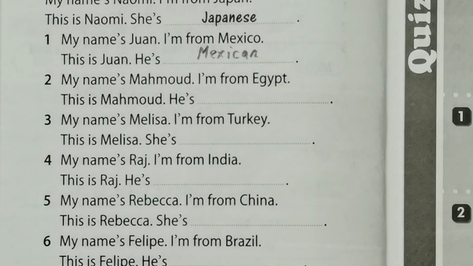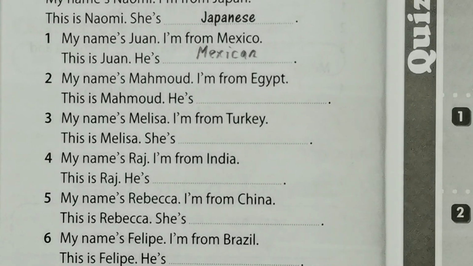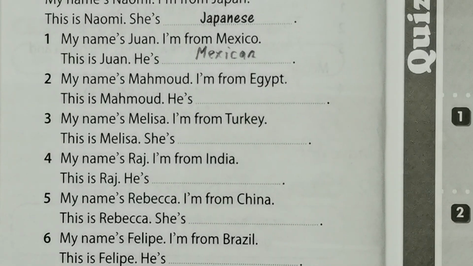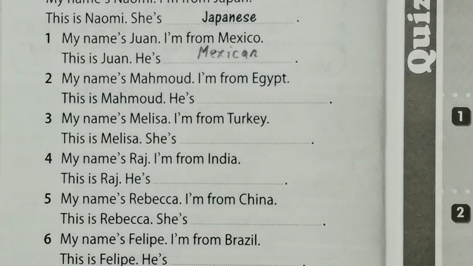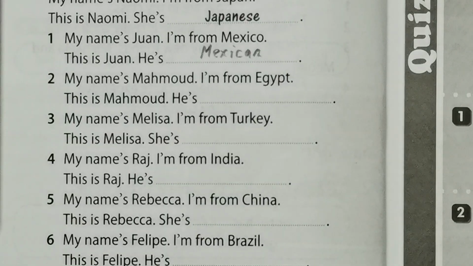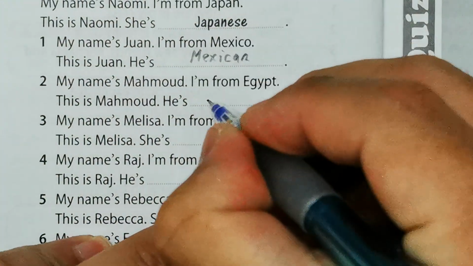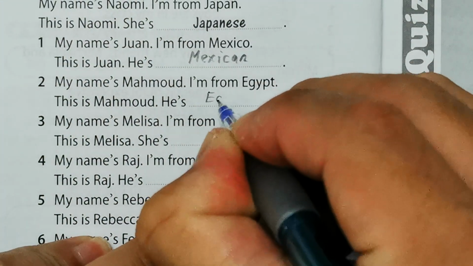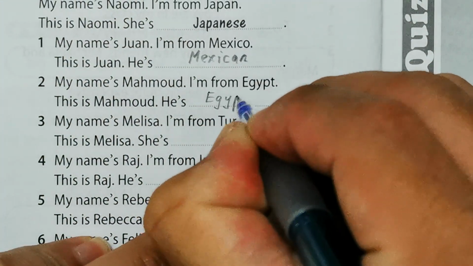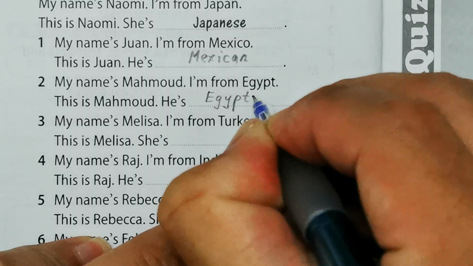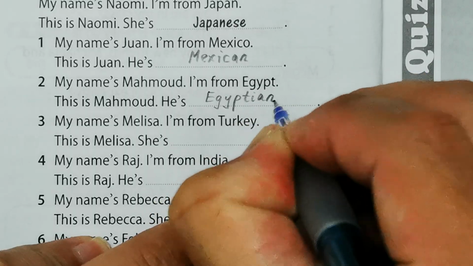So this is Mexican. So number 2, my name's Mahmoud. I'm from Egypt. This is Mahmoud. He is Egyptian. So we have this one, E-G-Y-P-T and then I-A-N, Egyptian.